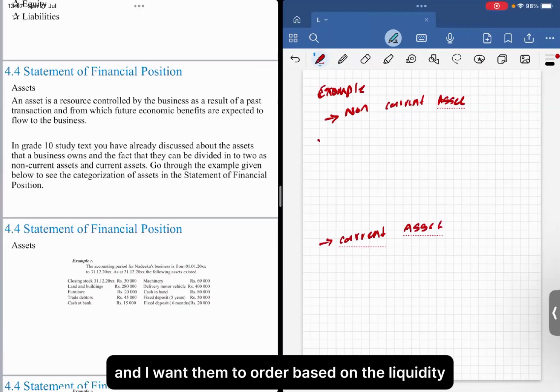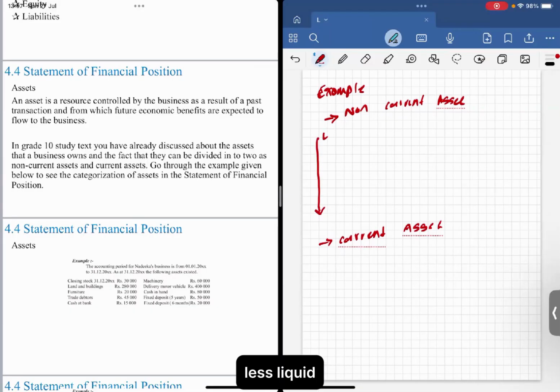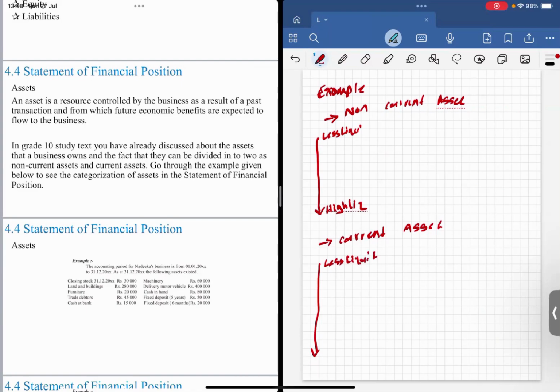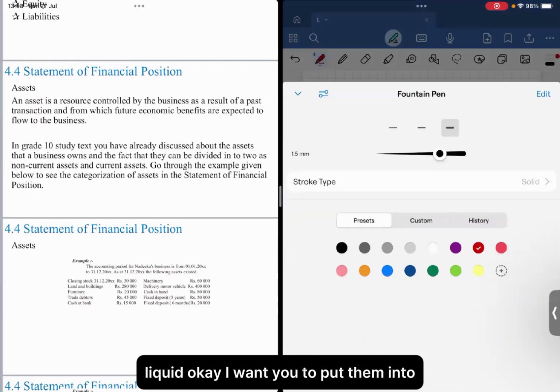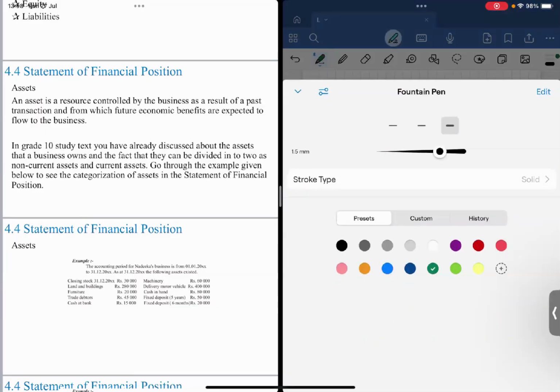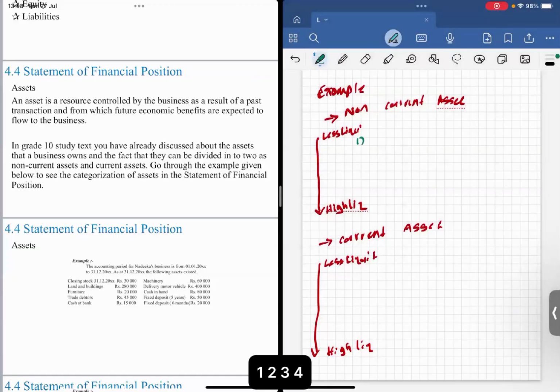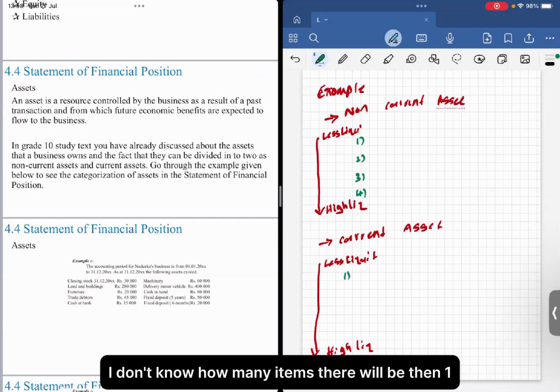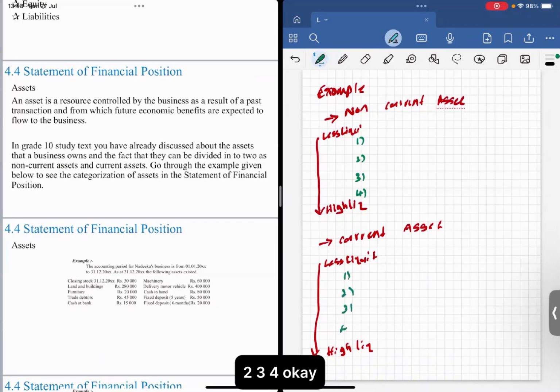And I want you to order them based on the liquidity: less liquid to highly liquid. I want you to put them into 1, 2, 3, 4. I don't know how many items there will be.